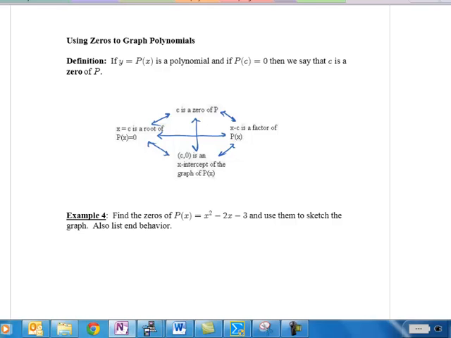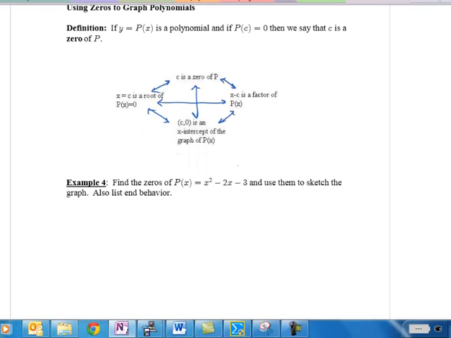This is demonstrating that it's key to know the factored form of the polynomial so that we can use the factored form to find the x-intercepts. So for this specific polynomial, which happens to be degree 2, so it's one we're pretty comfortable with, if I want to find the zeros, I want the factored form, which would be x squared minus 2x minus 3 equals, what, x minus 3 times x plus 1.